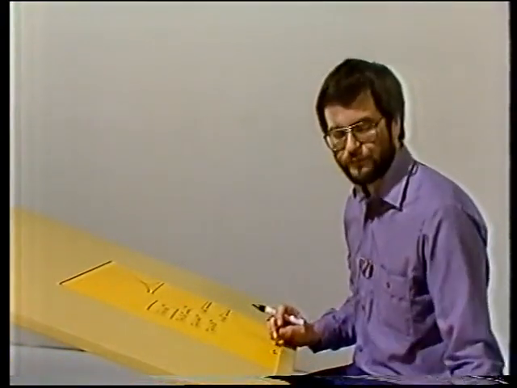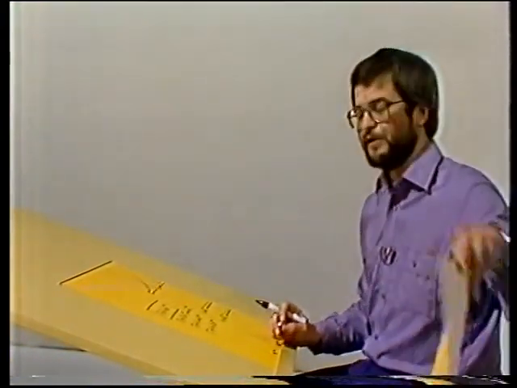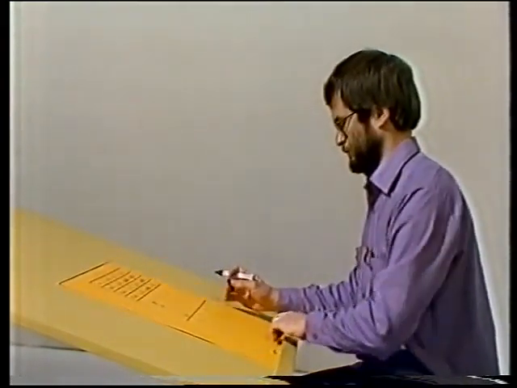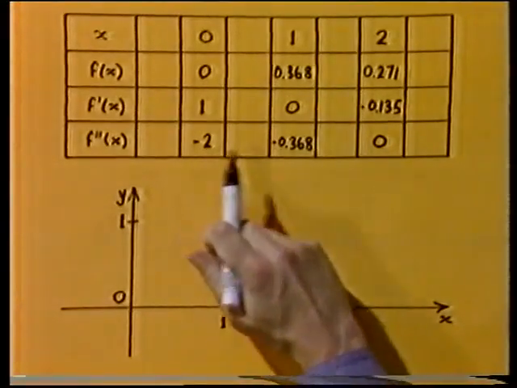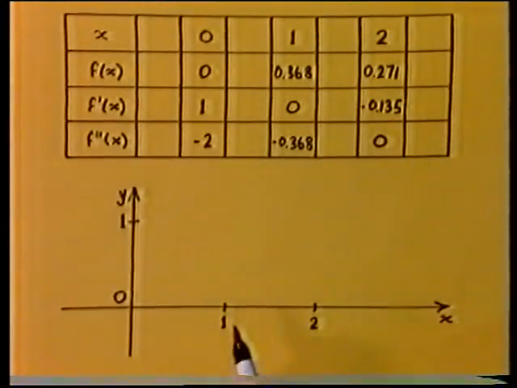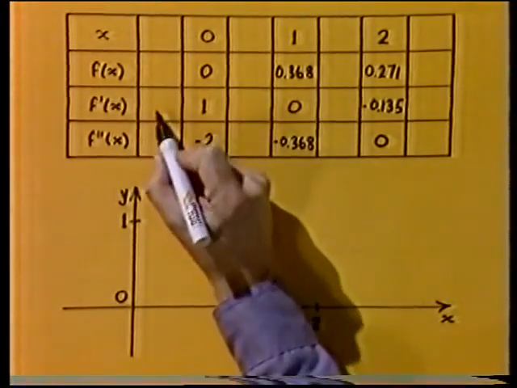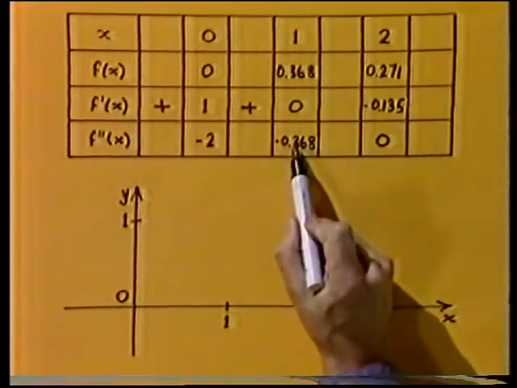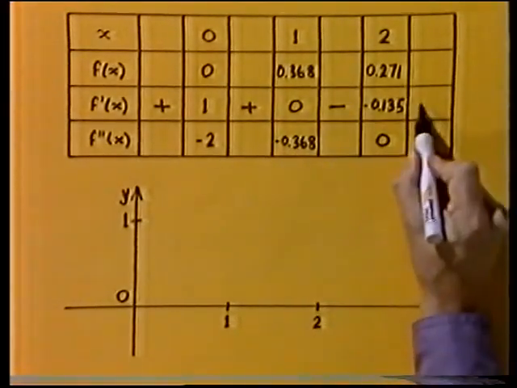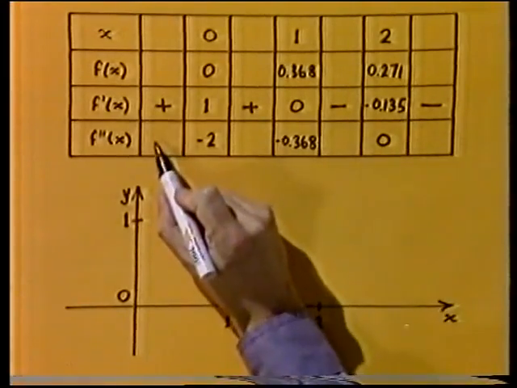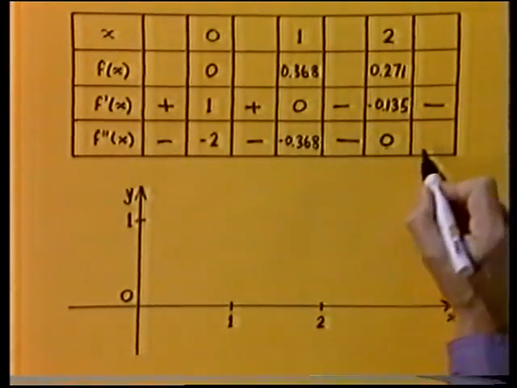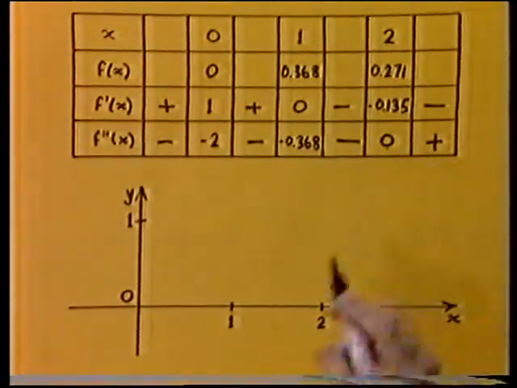Now, before the program, you filled in these bits of this table. And I can complete it using the sign diagrams. f prime is positive up to x equals 1 and negative thereafter. And f double prime is negative up to x equals 2 and positive thereafter.